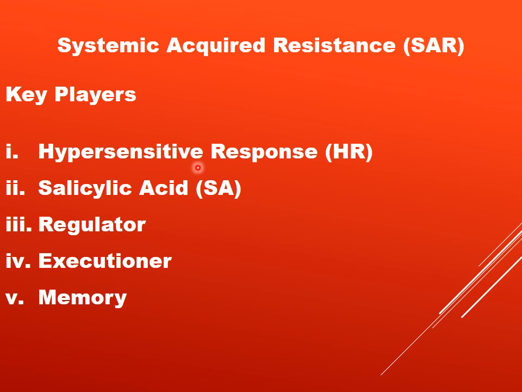And the second thing is that once the plant detects the avirulent pathogen, it not only shows HR, or the hypersensitive response, but also produces salicylic acid. And that salicylic acid has a key role in systemic acquired resistance, because those mutants which are unable to produce salicylic acid are also unable to produce systemic acquired resistance.